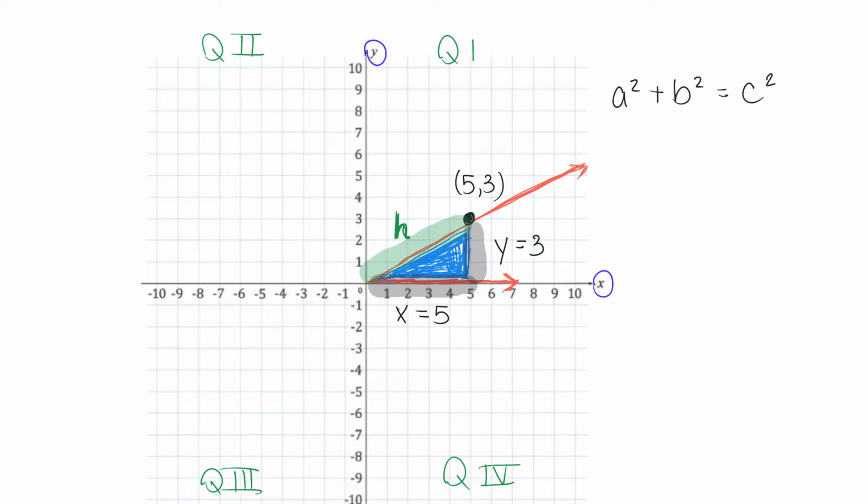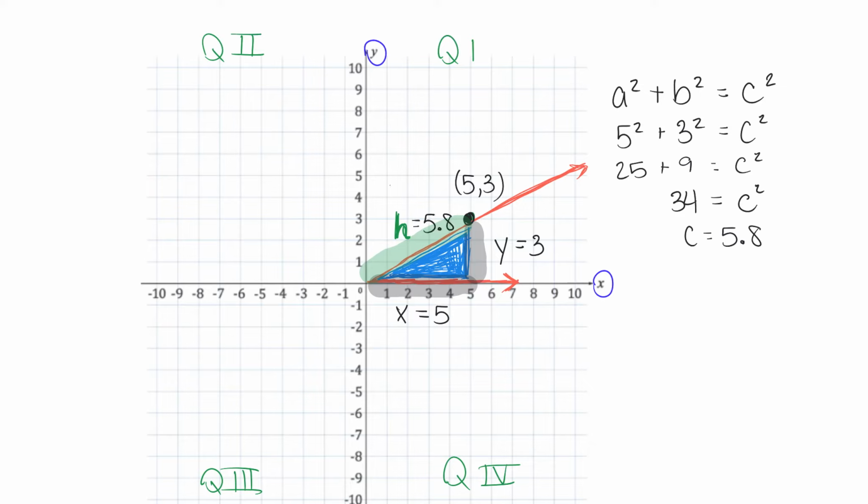And really, I've got 5 squared plus 3 squared equals c squared. So 25 plus 9 equals c squared. So 34 equals c squared. So c is 5.8. So this is 5.8.